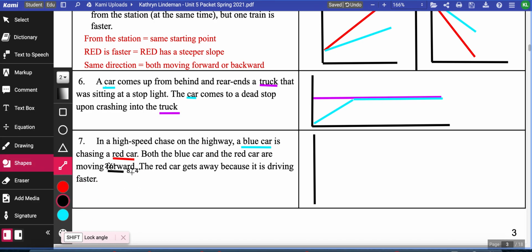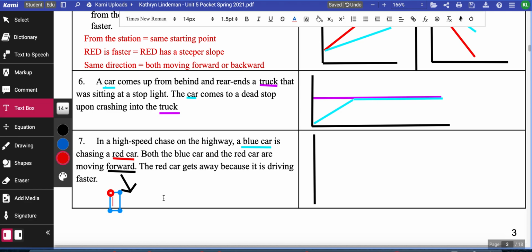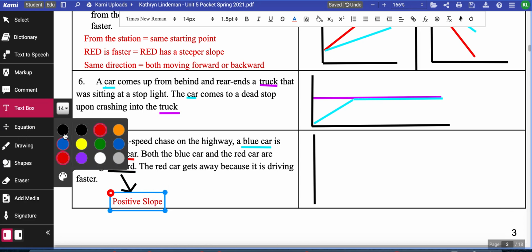So we know that forward means that we have a positive slope. The red car is moving faster.